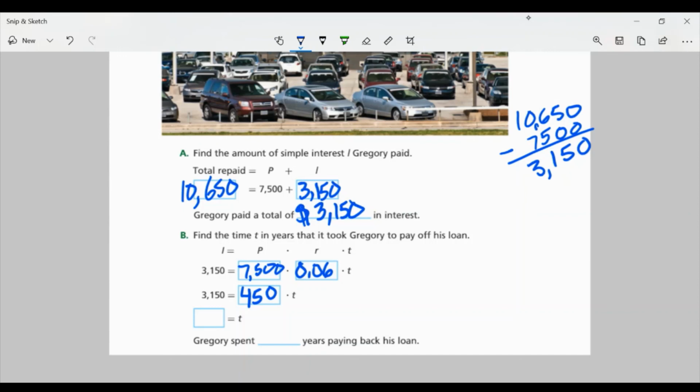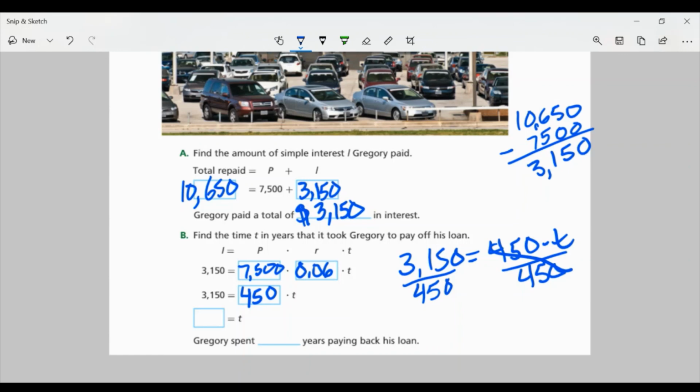So I'm going to write it over here just to make it a little bit bigger. And because we're multiplying these, the 450 times T, I want to figure it out. So I'm going to divide. This is the inverse operation, when we do the opposite of what they're already doing to undo it.